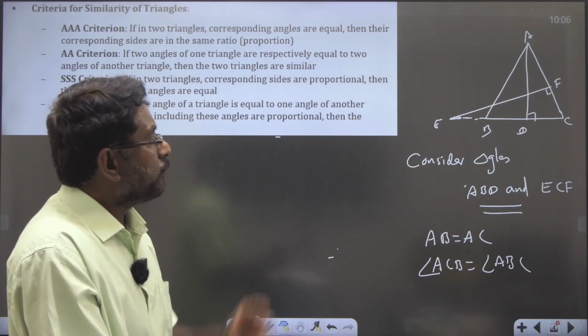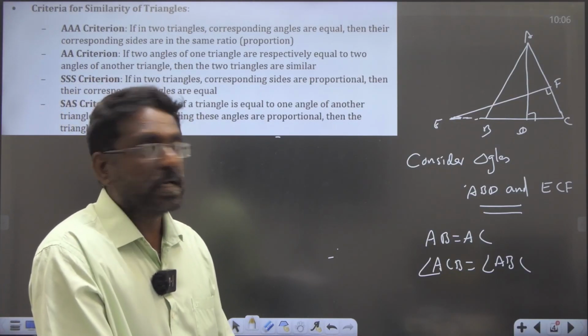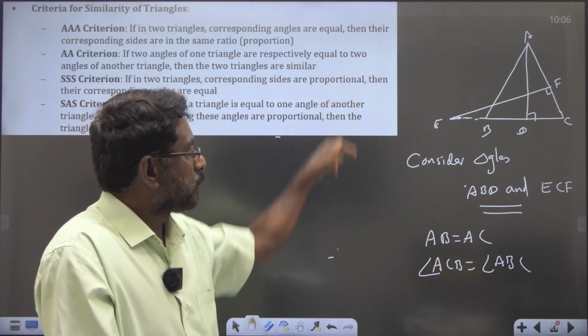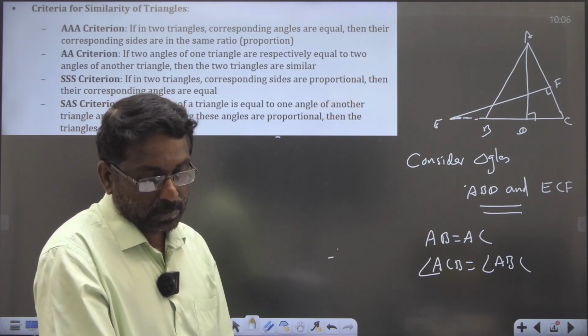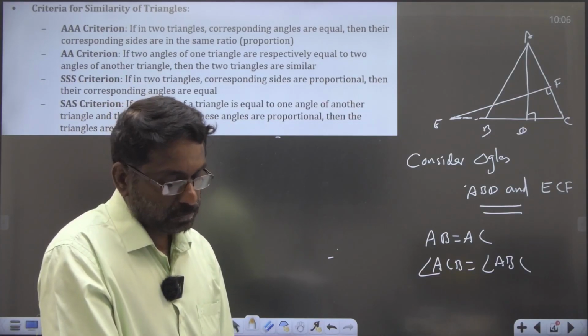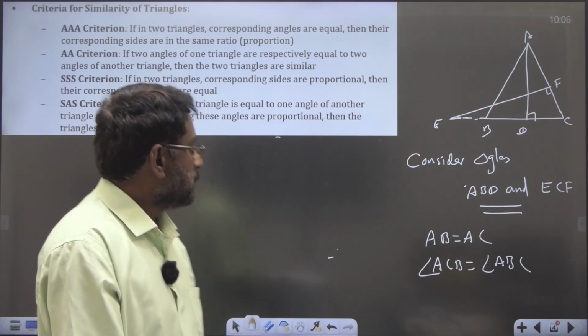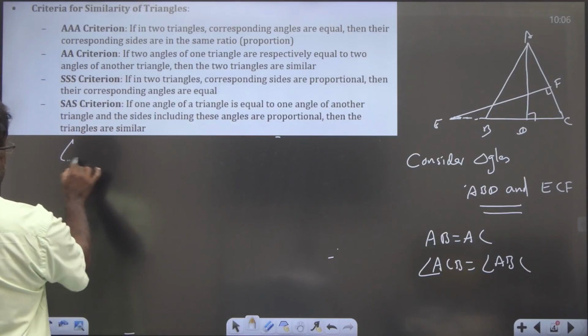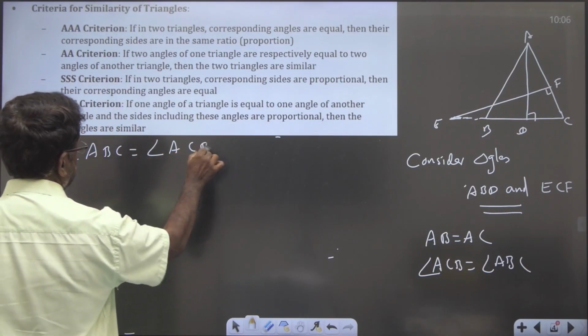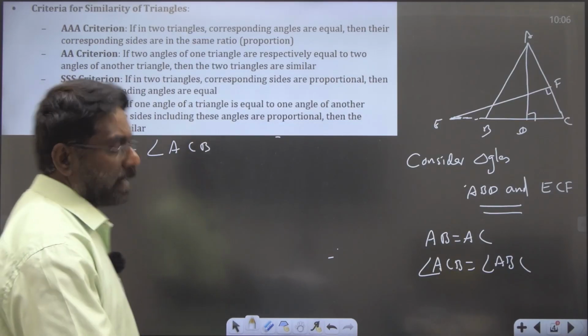Therefore, angle ACB equal to angle ABC. This is the reason. Okay. Then angle ABC equal to angle ACB, interchanging LHS and RHS.